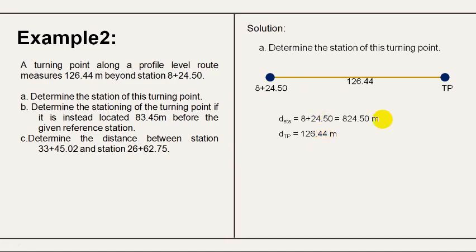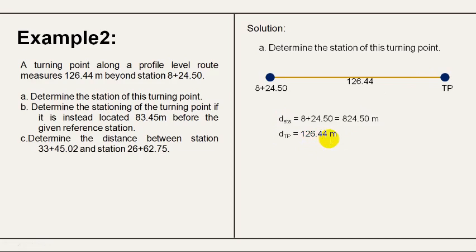So, to determine the station of this turning point, we will just add the distance of the station plus the distance of the turning point, which is 824.50 plus 126.44 meters.